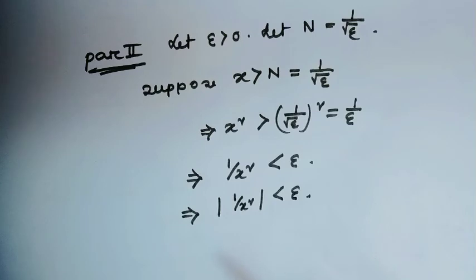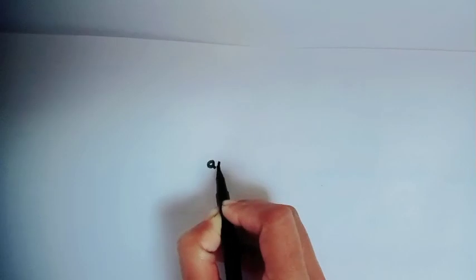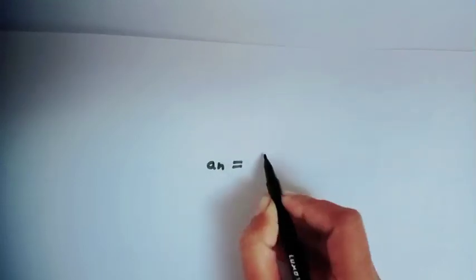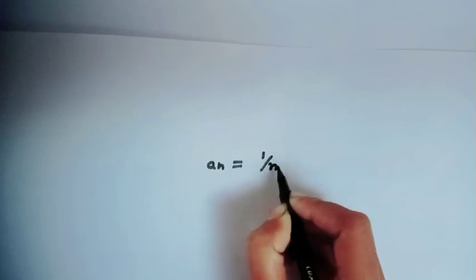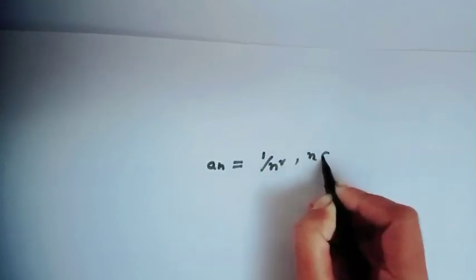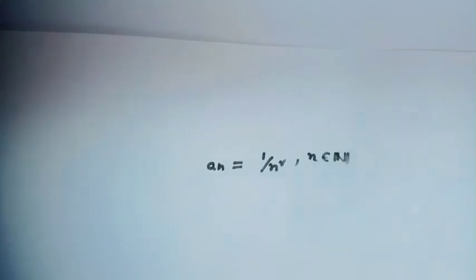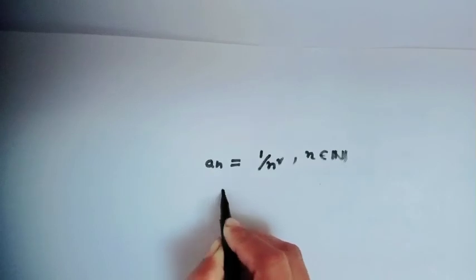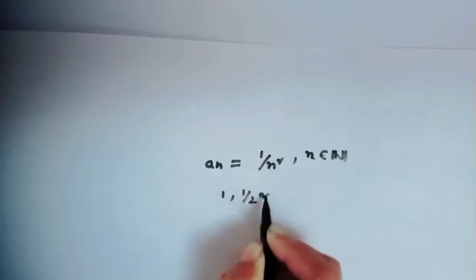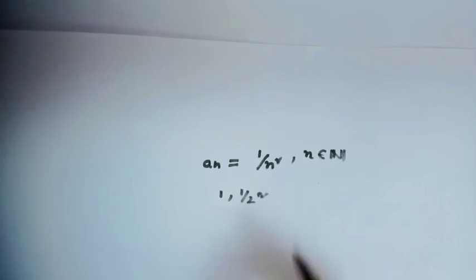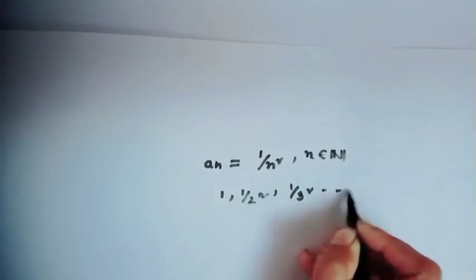Okay? Well, now let's see what is the difference between sequence and function. Okay? Let a n equal 1 over n square, where n belongs to natural numbers. This is a sequence. This looks like 1 over 2 square, 1 over 3 square, and so on.